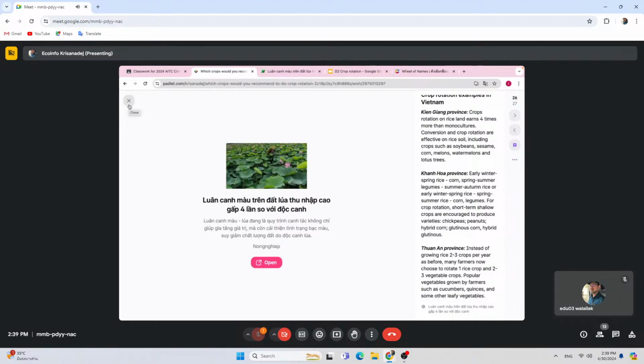Some do 4 different crops, like rice, and then soybean, and then corn, and then watermelon, something like that. So that particular farmer grows 4 different types of crops all year round. They will be super busy, make more profit, and make a living.